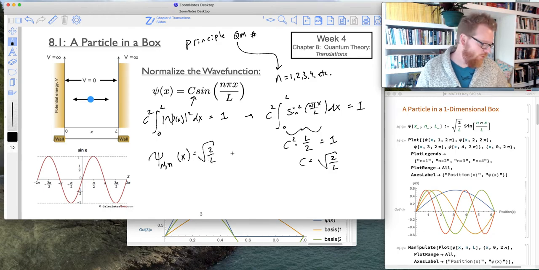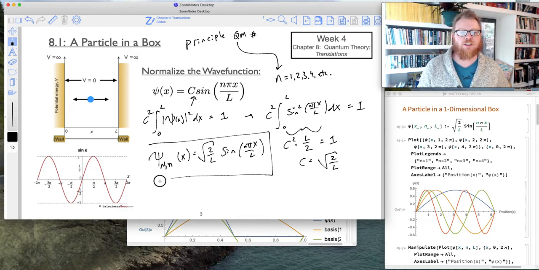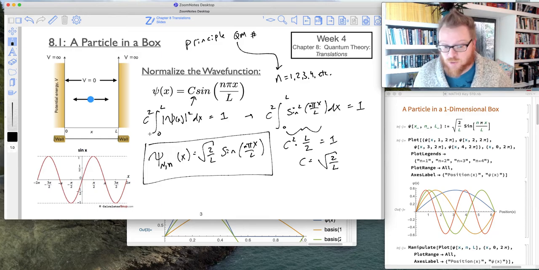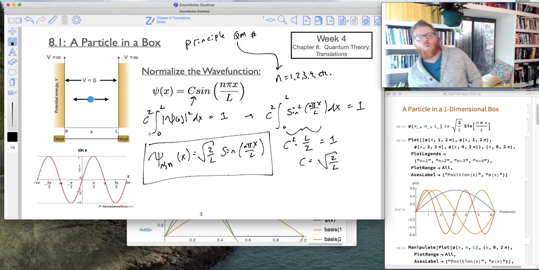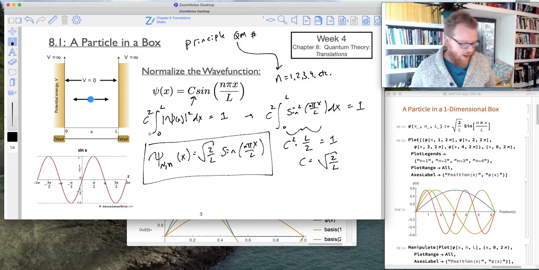Okay, so now square root of 2 divided by L times sine n pi x over L, and this is my normalized wave function for a particle in a one-dimensional box. And of course, this is only over the range 0 through L, right? Because outside of the box, the particle can't exist, okay?